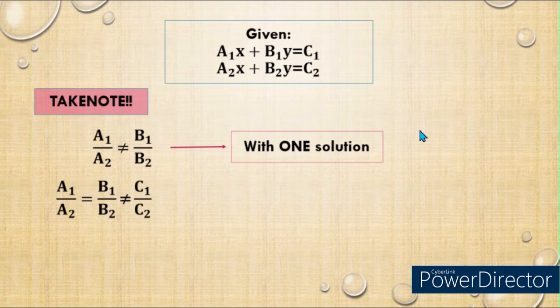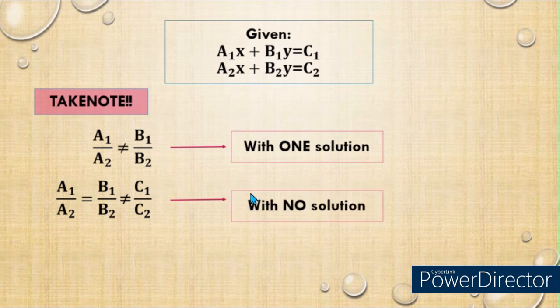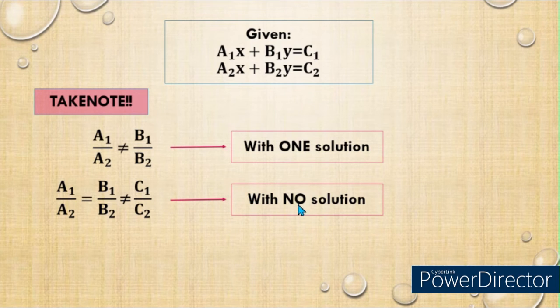Okay, another one, if we get the ratio of a sub 1 divided by a sub 2 equals b sub 1 divided by b sub 2, is not equal to c sub 1 divided by c sub 2, meaning, it has no solution. Okay? So, if the system of linear equations has no solution, then that is what we call inconsistent.